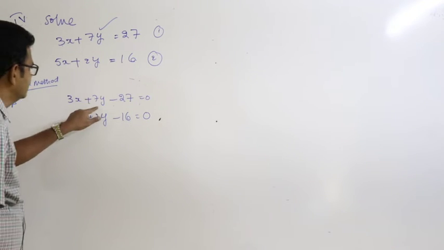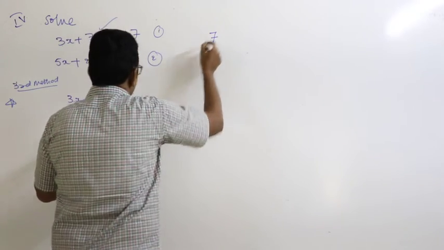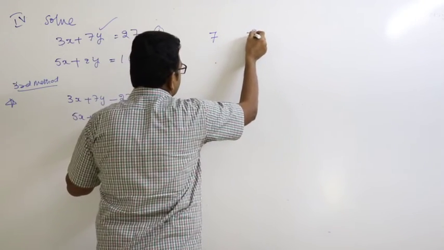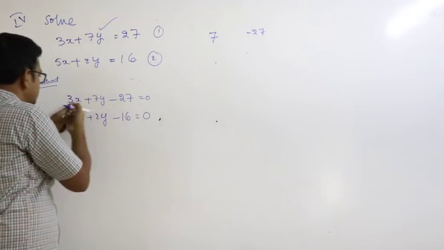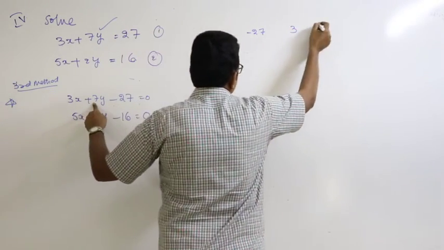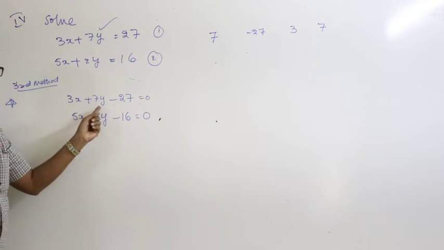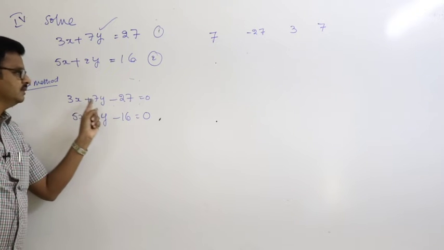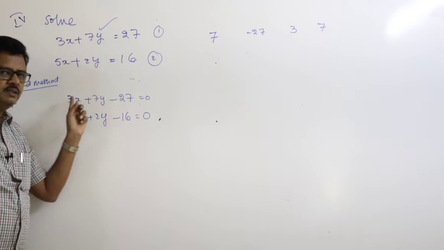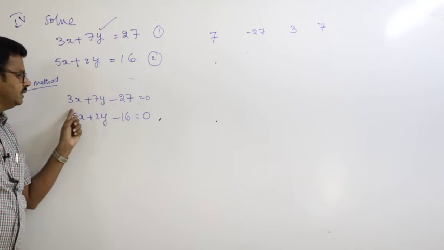First, always write the coefficient of y, then the constant term, which is minus 27, then the x coefficient 3 and the y coefficient 7. Once again I repeat: first write the coefficient of y, constant term, x coefficient, y coefficient. That is 7, minus 27, 3, 7.